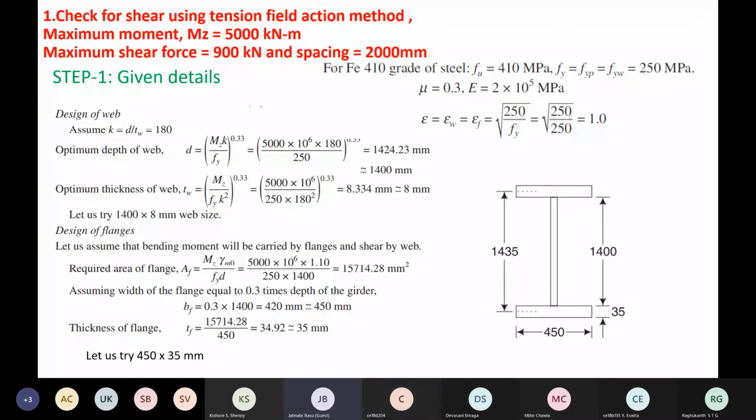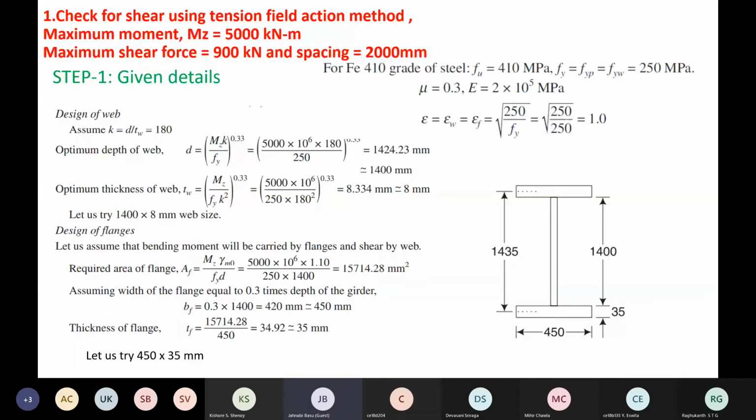So you know Mz, k and Fy, you can substitute and get these values. If you put these values, you will be able to get d as 1424.23 and tw as 8.334 mm. You can just give it a quick check and see if you are getting the same values.